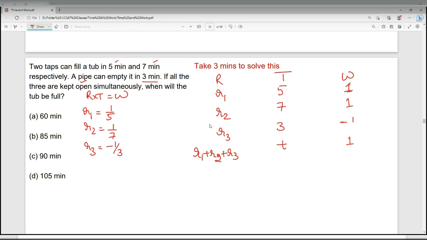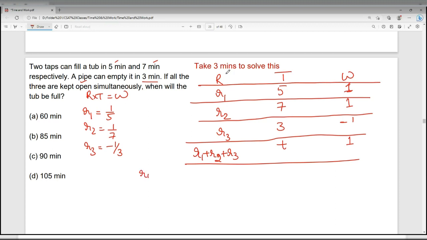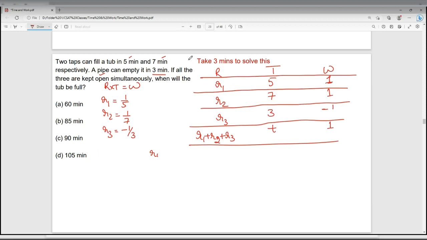And then we have this third part, that is (R1 plus R2 plus R3) into T is equal to 1. Then we have 1 by 5 plus 1 by 7 minus 1 by 3, into T is equal to 1.